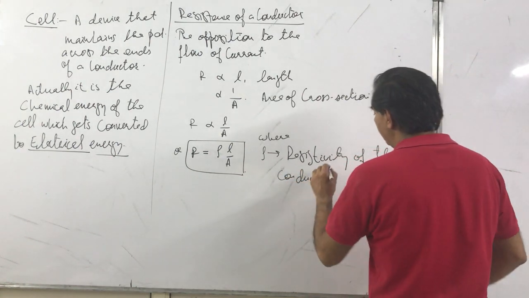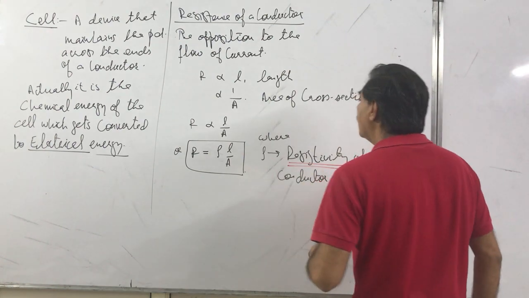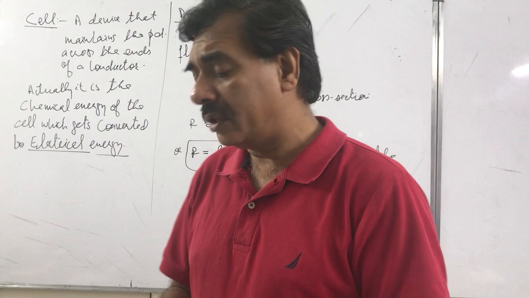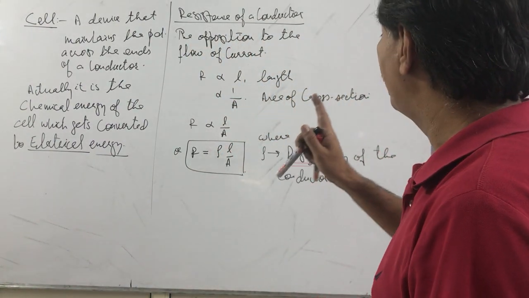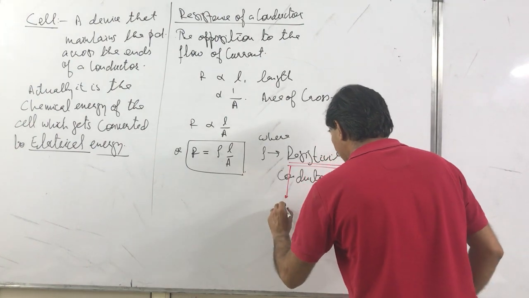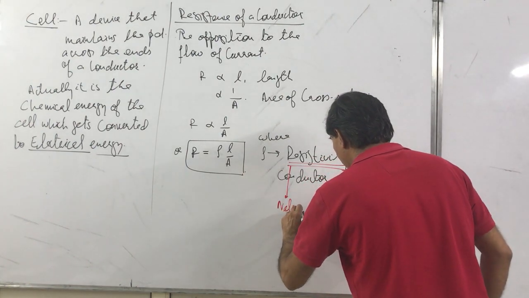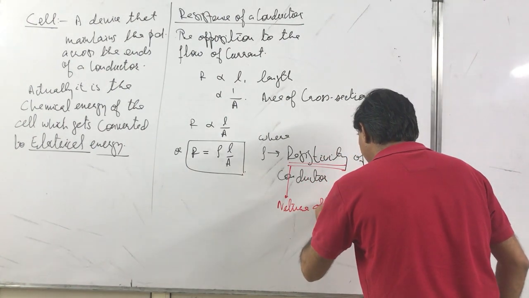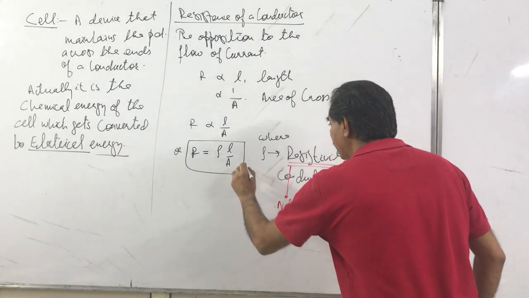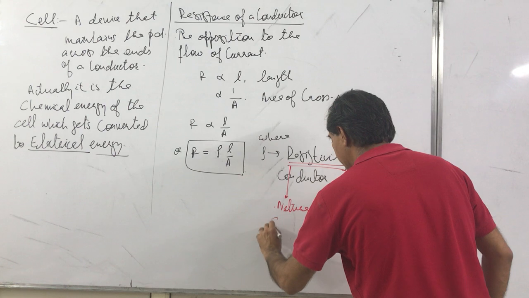The resistivity of the conductor would determine this, we will talk about it further. So the resistance of the conductor depends upon the nature of material and geometric factors. Okay. Depends upon nature of material and geometric factors.